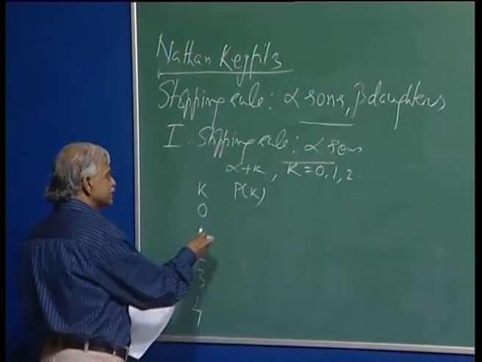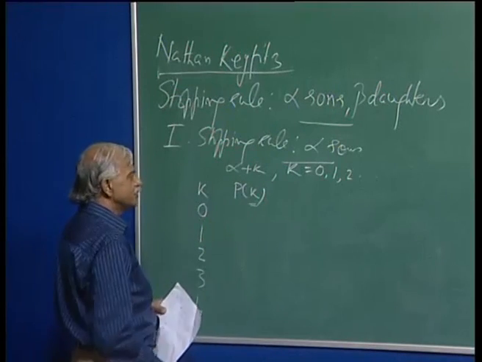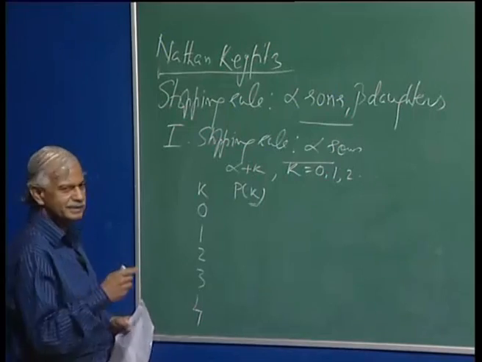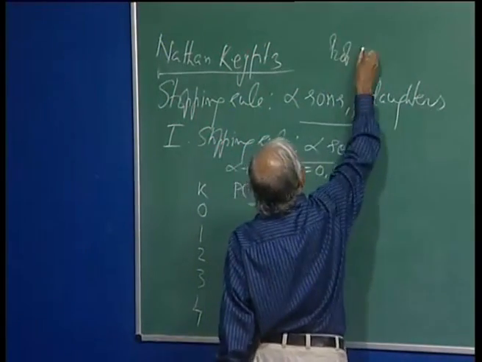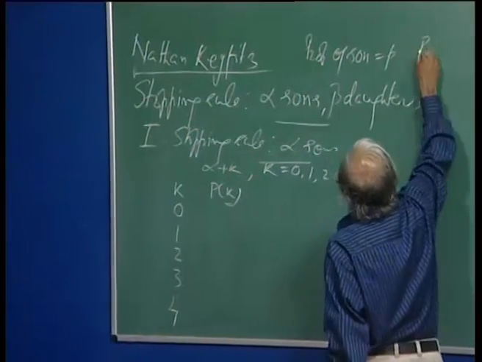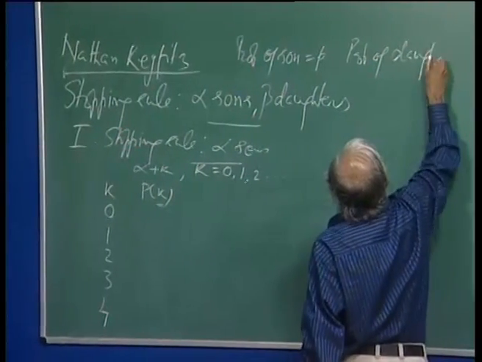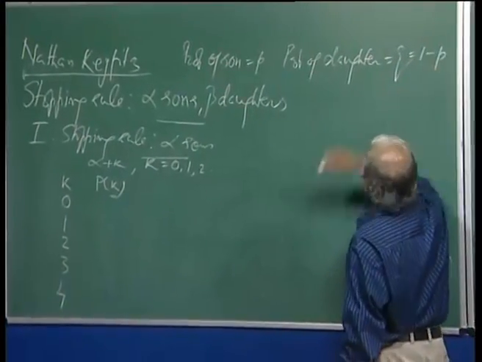Now, in case somebody stops at k equal to 0, it means that all first alpha children are sons. Let the probability of son be p and probability of daughter be q or 1 minus p.